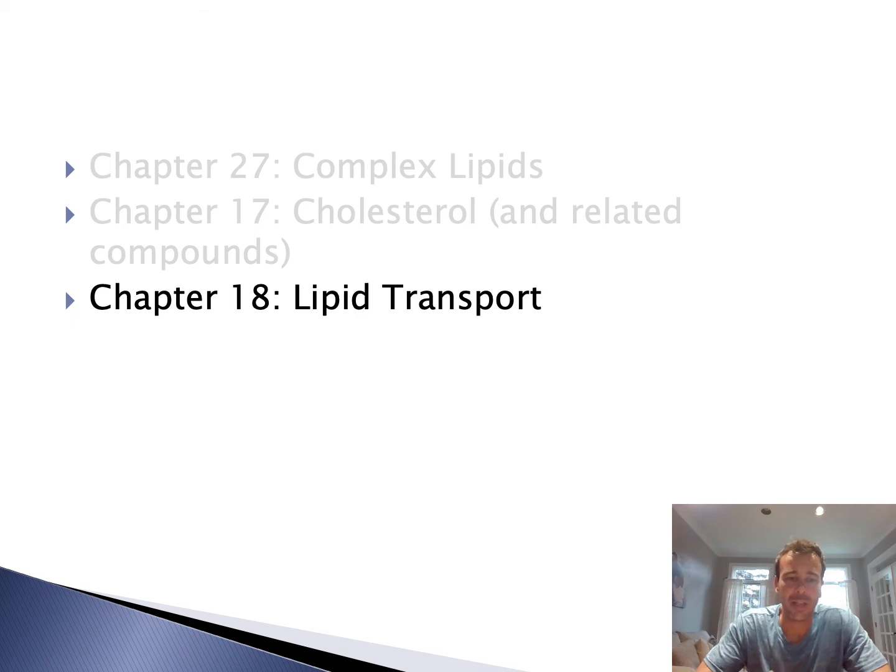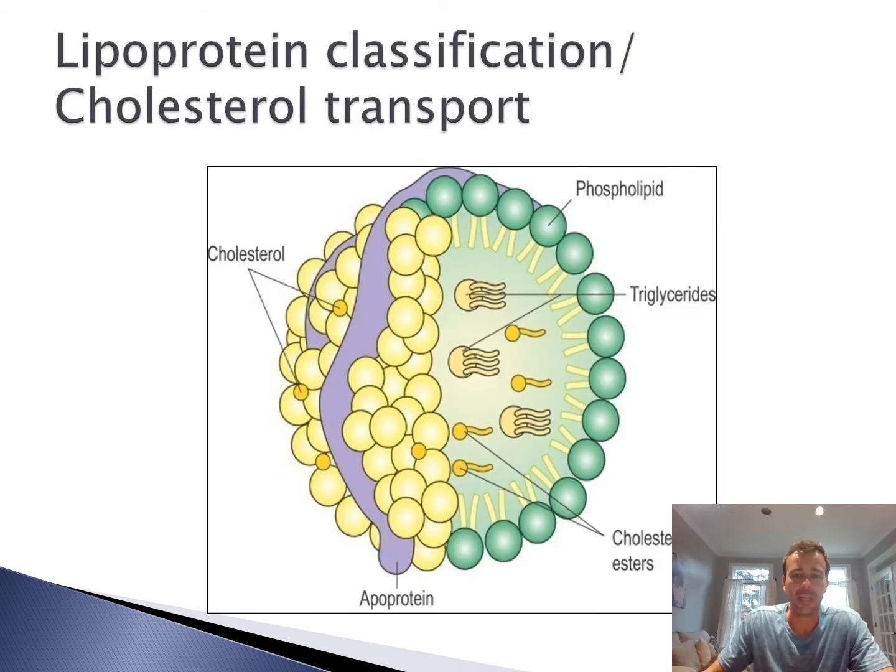That's cholesterol. In the last 10 or so slides, I'm going to talk a little bit about lipid transport, again at a pretty high level. As I mentioned before, lipoproteins are composed of cholesterol, phospholipids, and triglycerides. There's also apoproteins in here.